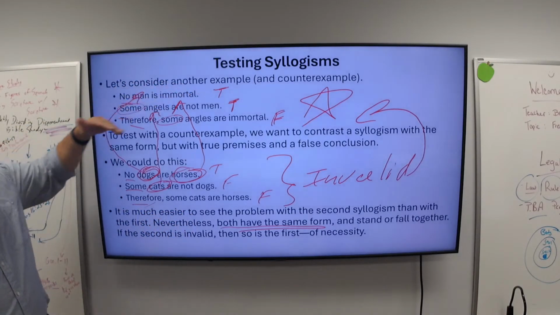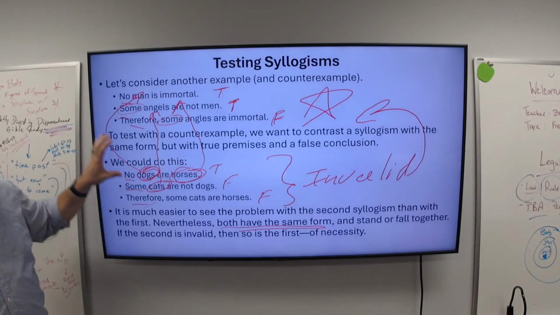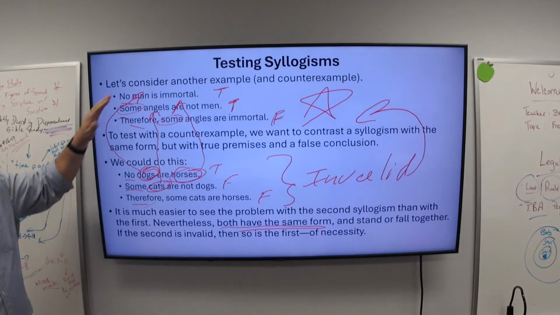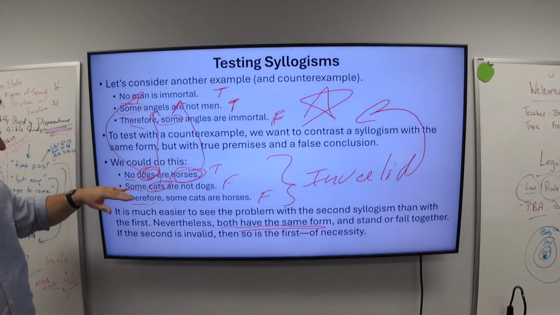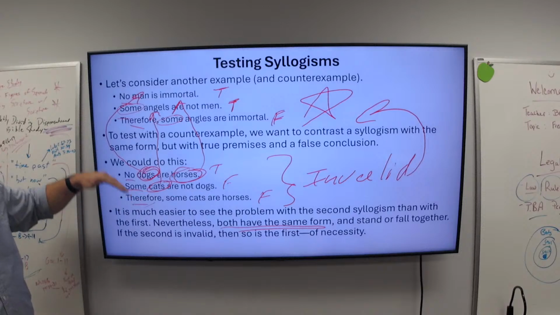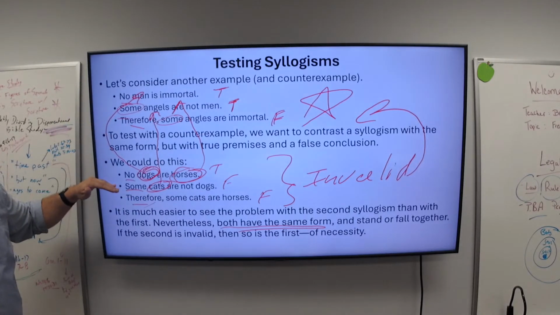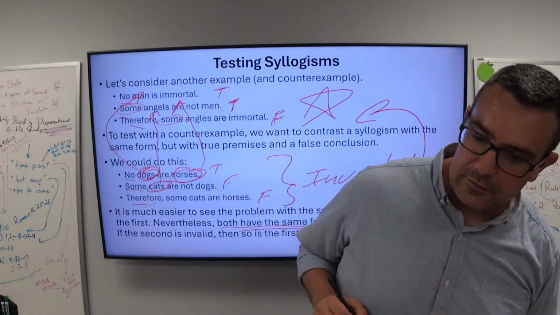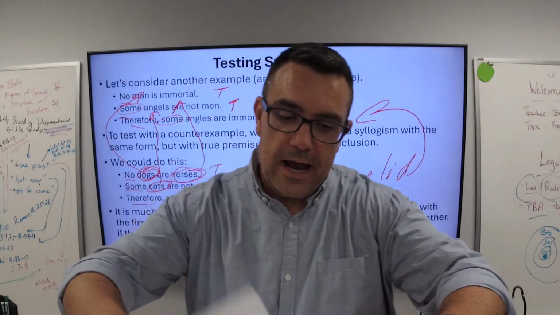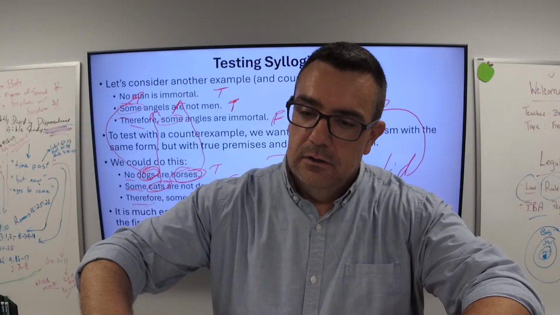No animals are immortal. No dogs are horses. Is that the same form? The terms are different, but is the form the same? Some angels are not men. Some cats are not dogs. Terms are different, but is the form the same? Okay? So we're testing validity by this type of practice.